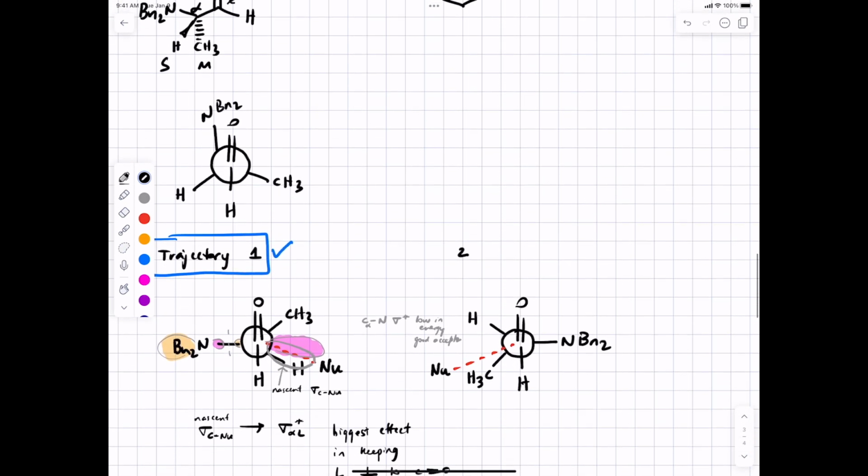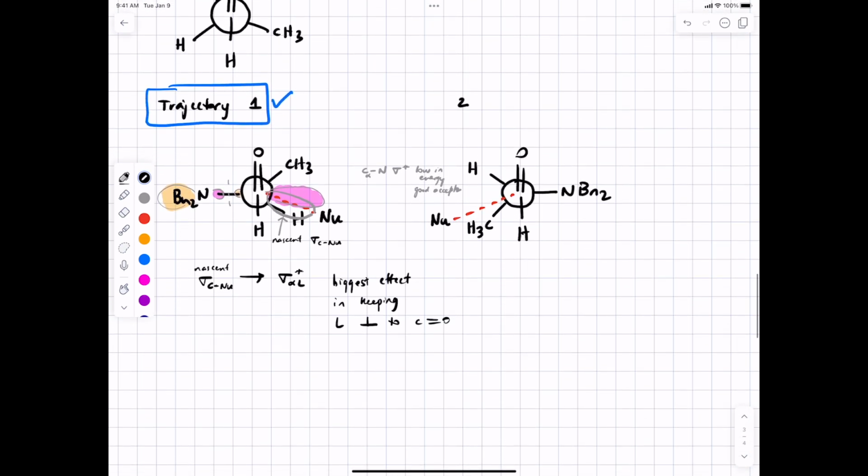Here we've got the same conformation preferred, but the explanation that's most reasonable in addition to sterics is probably not using this sigma bond as a donor, but rather using this sigma star as an acceptor for the electrons in the newly forming carbon-nitrogen bond.